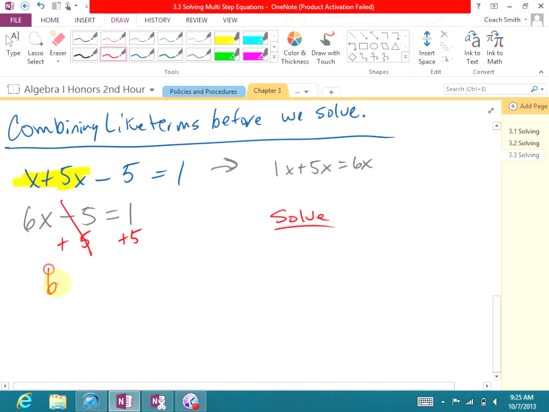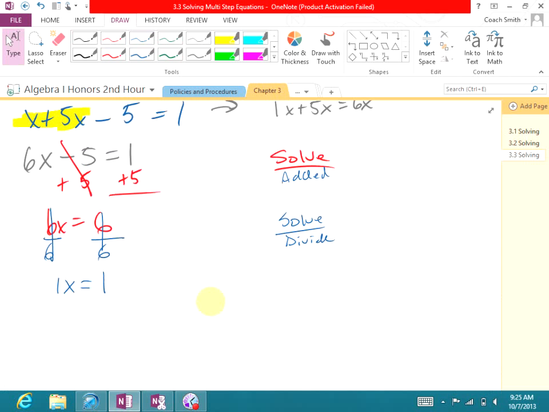Cancels over here, leaving me with 6x equal what? 6x is equal to 6, because 1 plus 5 is 6. So I added to both sides to solve. Now I'm solving again. Now I'm going to divide both sides by 6. They cancel out, giving me 1x. They cancel out, giving me 1. And 1x is 1.